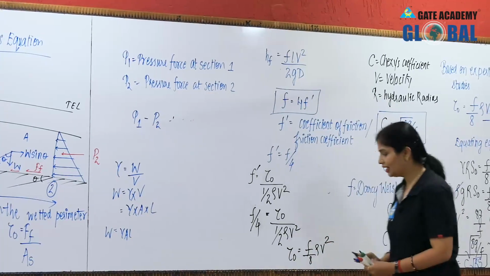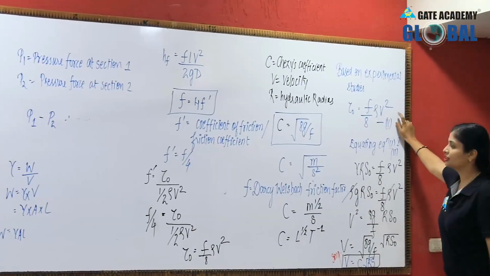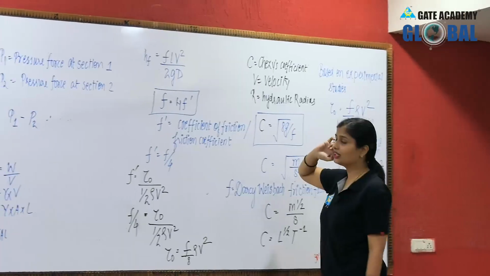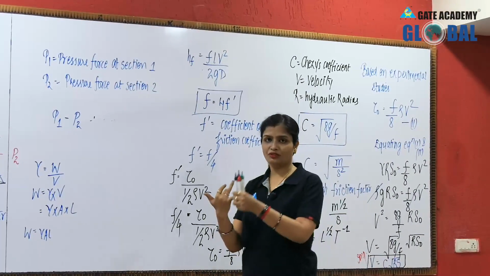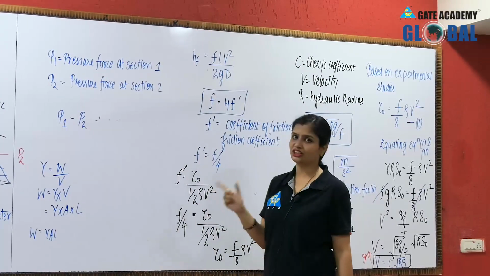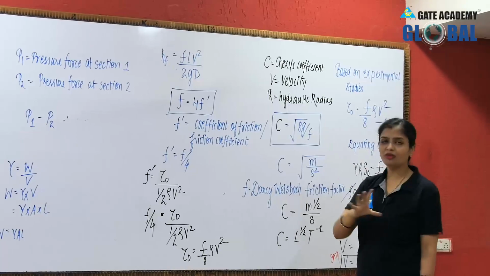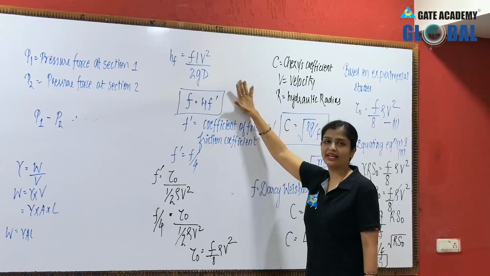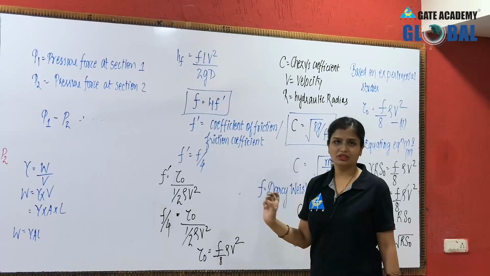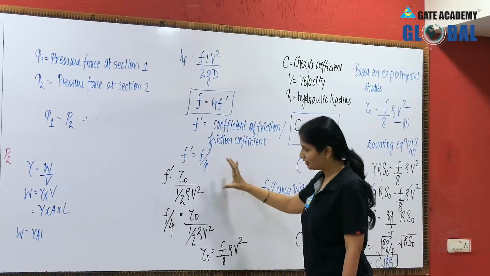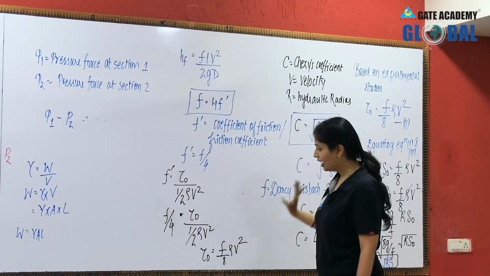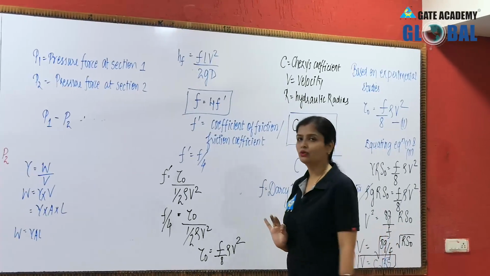This was the result which I wrote here based on experimental studies. Please don't confuse coefficient of friction, that is friction coefficient, with Darcy's friction factor. In FM many a time you make mistakes like this because you don't read it and every time you take it as f. This concept is based on your boundary layer theory, and so tau naught is equal to f by 8 rho V square.